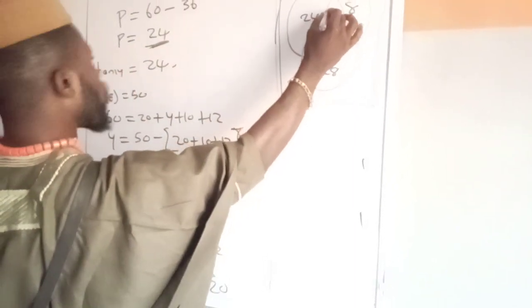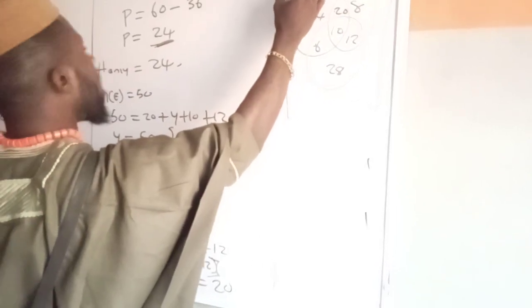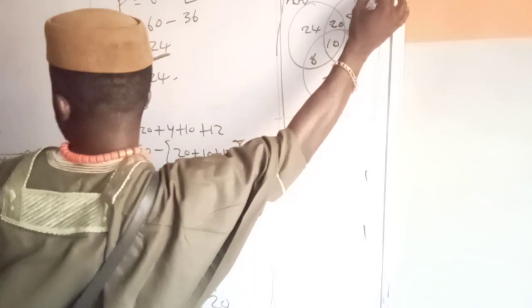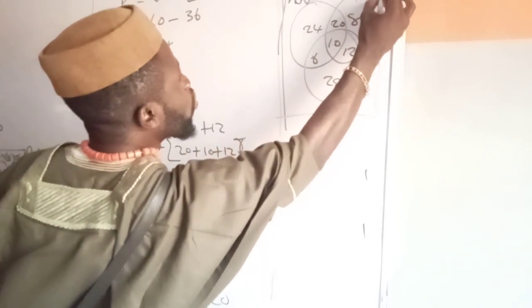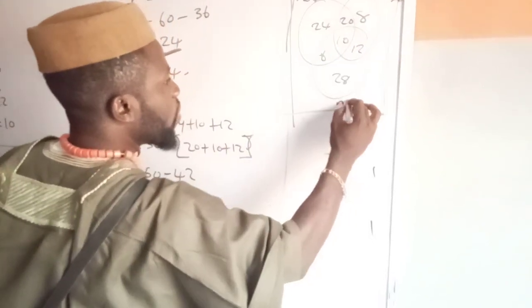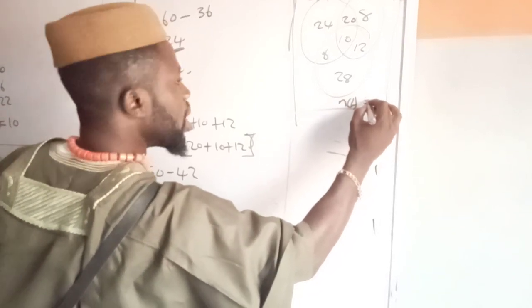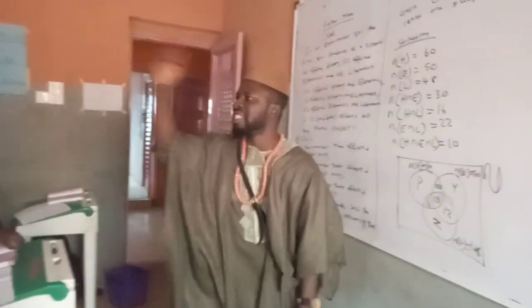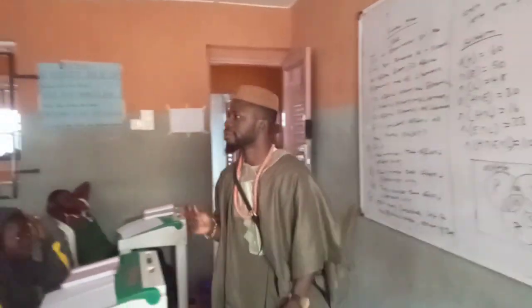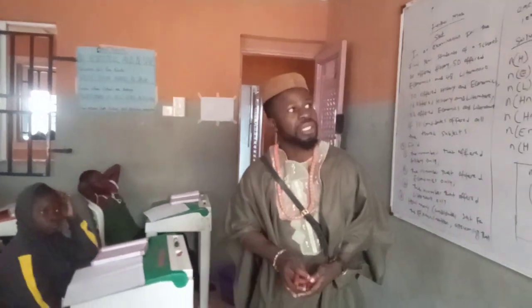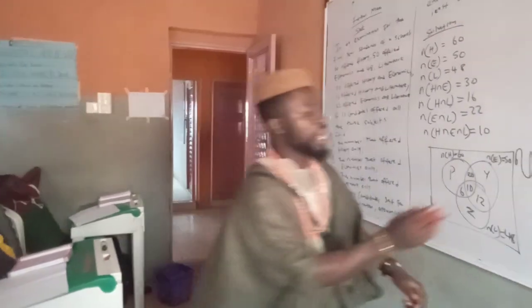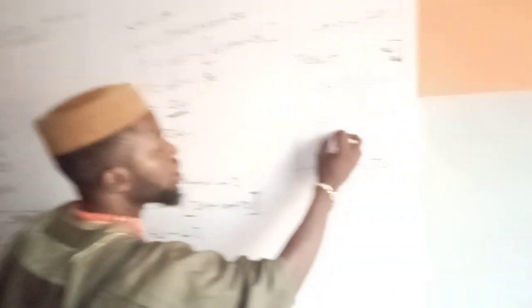Here is 20. So this is your n of H equals 60, n of E equals 50, n of L equals 48. But the question they now ask us in B says how many offered? That means you have to add everything inside the circles.